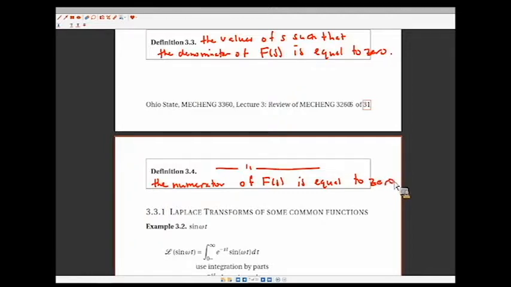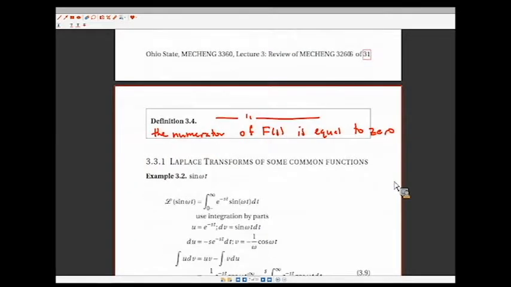As a quick aside, say for instance you were to see on a test, take the Laplace transform of e to the negative at. One thing I forgot to mention: if I ever use this script L, that means we're taking a Laplace transform of that function. This is equal to 1 over s plus a. You can find this in a table.